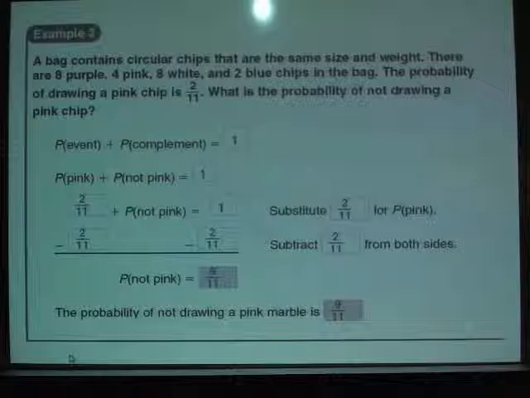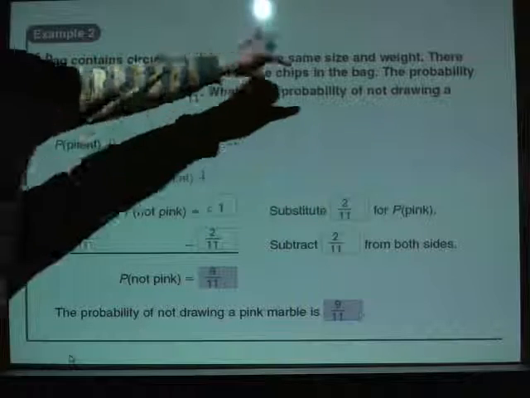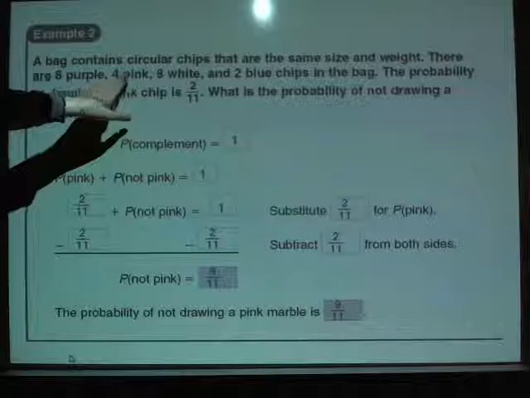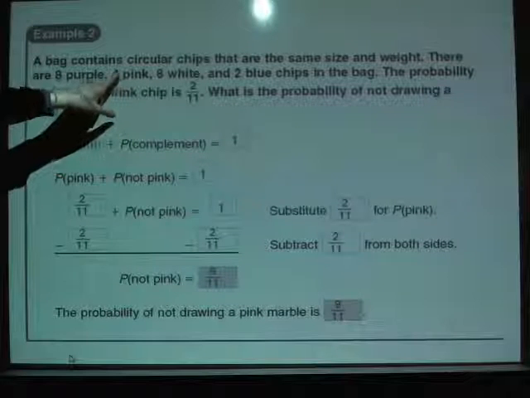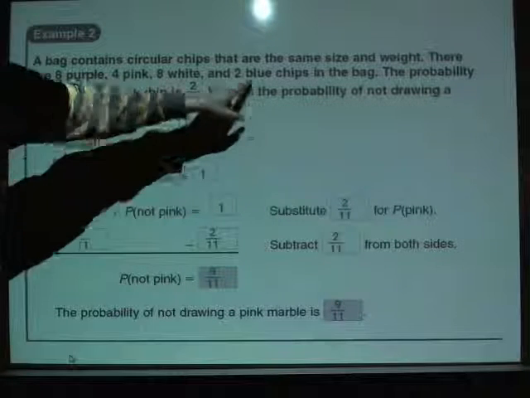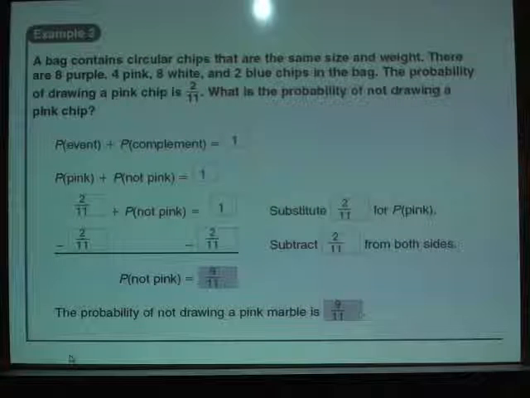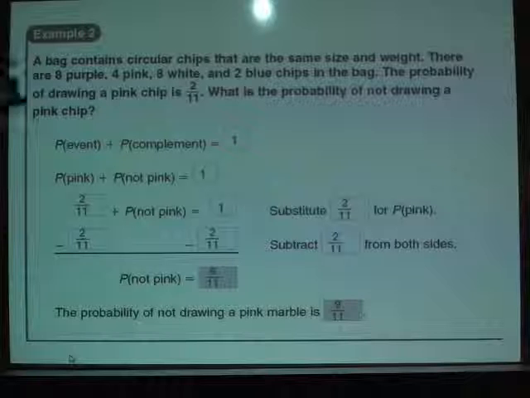All right, so what they're saying here is that the probability of drawing a pink chip is 2 out of 11. Now, if we go through it mathematically, from this second sentence, we're not actually going to see 2 out of 11 directly. We see that there are 4 pink chips in the bag, and if we total this up, there's 22 total chips in the bag.